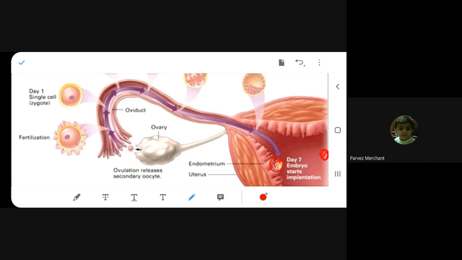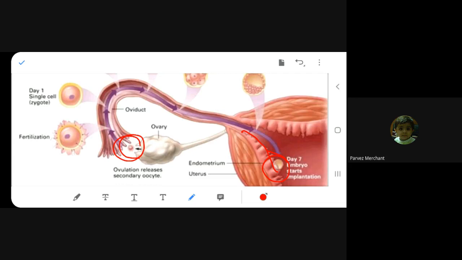Can it jump onto that side? Not possible, isn't it? So it will only slide onto the left side. Again, it is nature. So if this side gets fertilized, then it will come onto this side itself, and then it gets implanted onto the uterine wall.